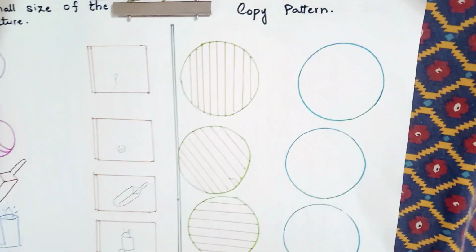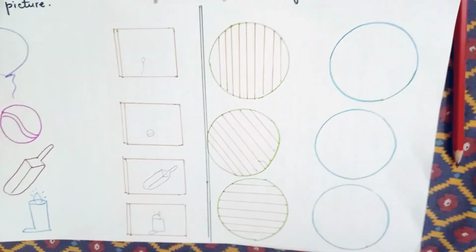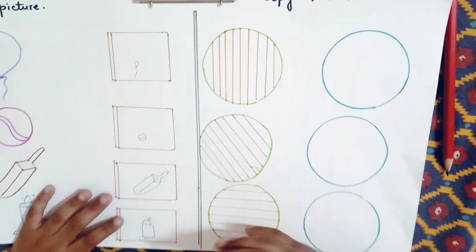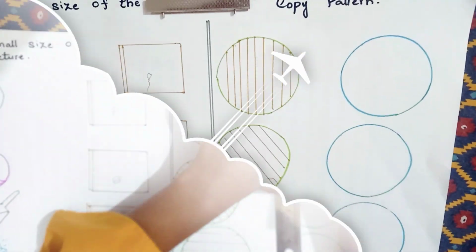Let's do the other worksheet. There are some different patterns. So I have to draw. First read the question first. Copy the pattern.